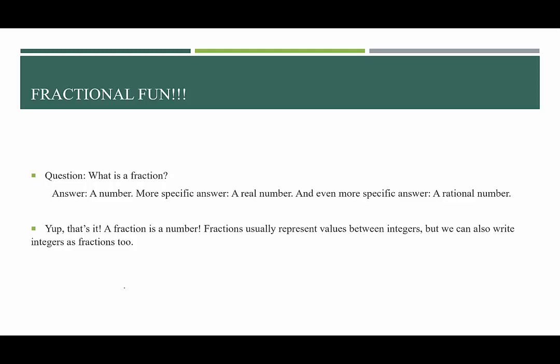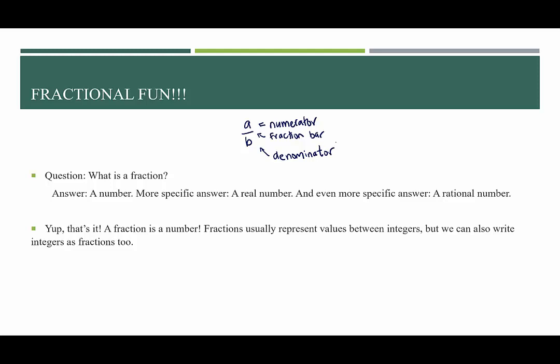Just to review what a fraction looks like, usually we write it as a over b, where a, that thing up there, is called the numerator. The thing in the middle is called the fraction bar. And the thing on the bottom is called the denominator. And there we have it.